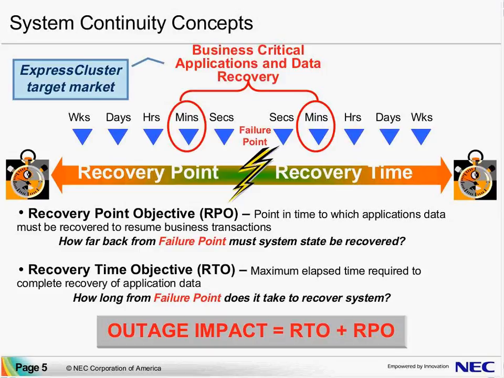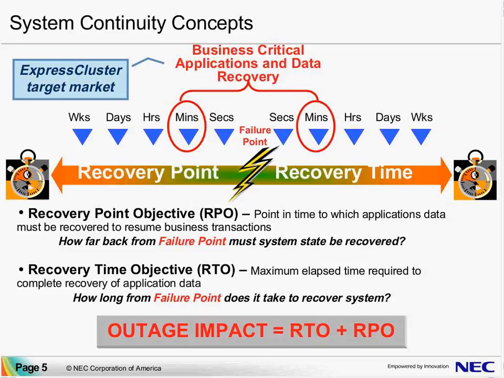More specifically, there are two key concepts related to this market. The first one is the recovery point objective, which specifies how much data loss can be tolerated. Typically, ExpressCluster customers do not want to lose more than a few minutes of data, if anything, from before the point of failure.